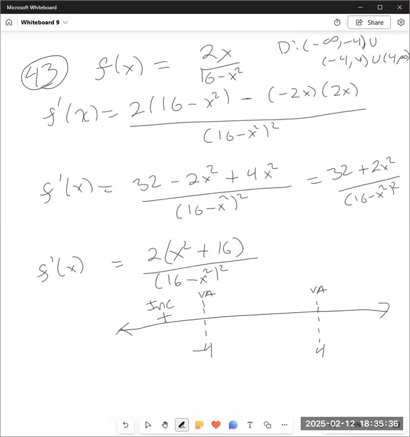I stick in a number like 0, this is positive, this is positive, and a positive squared is positive, so this is positive and increasing. Stick in a number like 5, that'll be positive, that'll be a negative squared, which is positive, and so it's increasing from -infinity to -4, union -4 to 4, and union 4 to infinity.